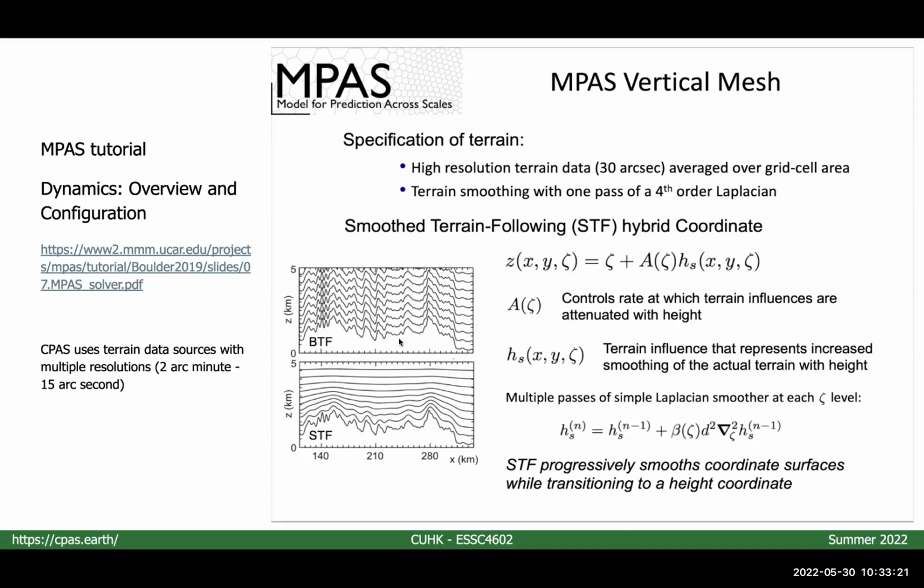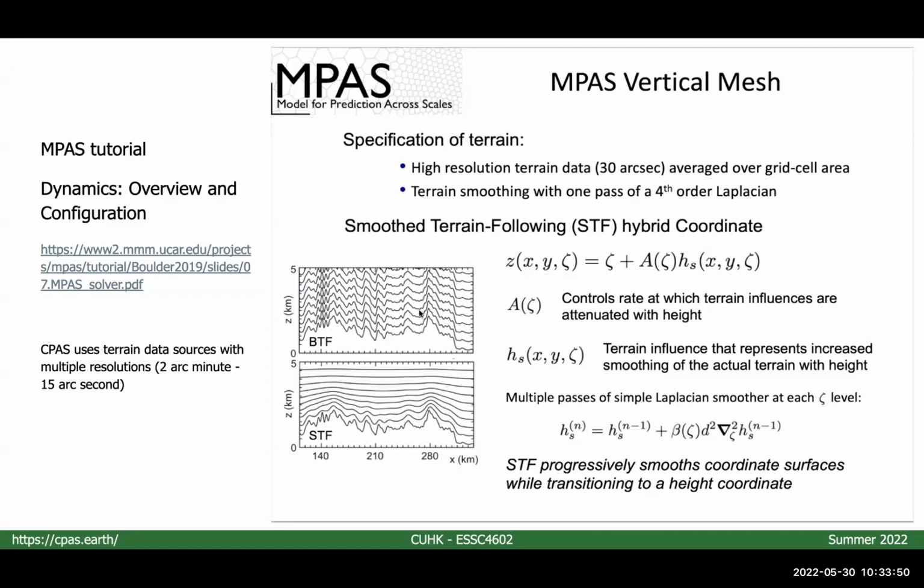And if there is no smoothing, the basic one, the terrain data will be represented in a non-smooth way. So you see these variations in details. And then as the MPAS software constructs the vertical layers, the constructed vertical layers are represented by lines above the lowest line.